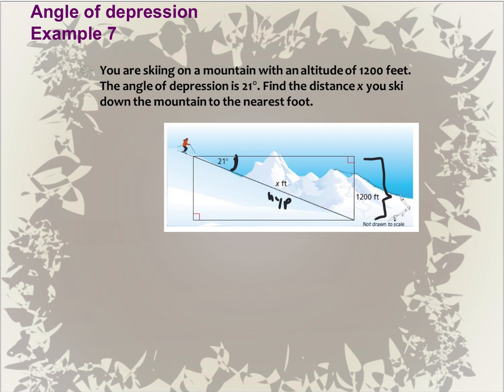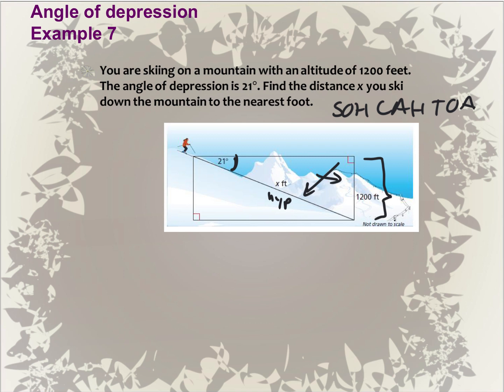Now, looking for this angle, we have the opposite information, and we have the hypotenuse. Remember, the hypotenuse is always across from the 90 degree angle. So, from SOH CAH TOA, the one that has an opposite and a hypotenuse is sine.